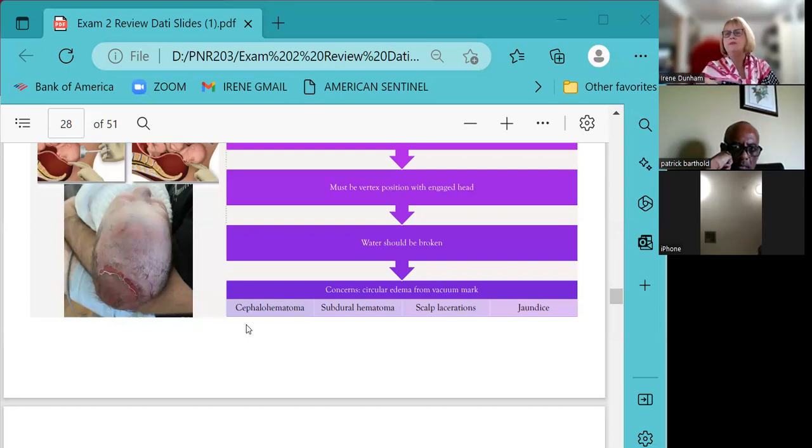And you can have another problem called a caput succedaneum. And we'll have this more when we get to newborn. But a caput succedaneum is in the back of the head, right here. And this is the caput. What happens is that this part of the head gets sucked, and you can cause this abnormality. And this one, the caput succedaneum, crosses the suture line.